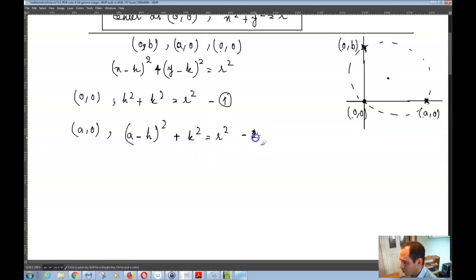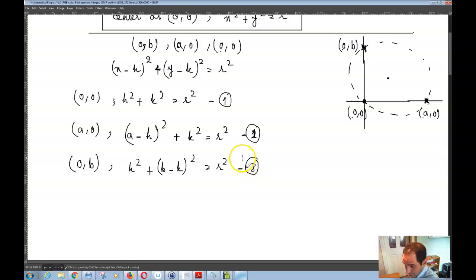Call this equation number 2. And if your circle goes through 0, b, then your x is 0, so you have h squared plus your y is b, so b minus k whole squared is equal to r squared. Call this equation number 3.